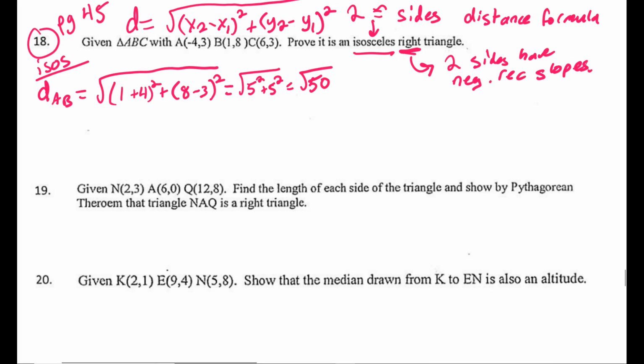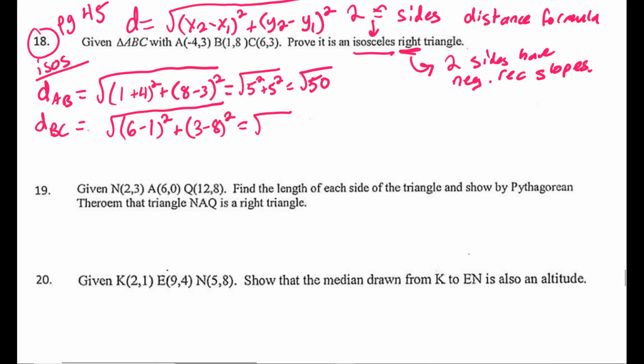And I'm not even going to simplify in this case, because if another side is congruent to AB, then I should get radical 50 somewhere else in my calculation. So I'm going to do the same thing for the distance between B and C. So the distance between B and C is equal to the square root of, subtracting my x's, 6 minus 1 squared, plus 3 minus 8 squared.